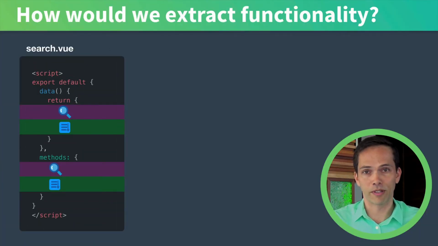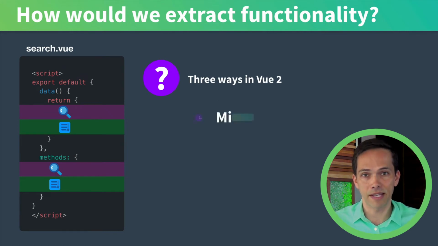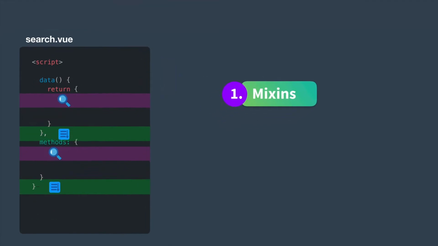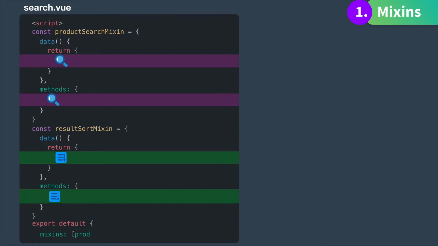Back in our search component, there are 3 ways we could extract this code for reuse using Vue 2. The first is mixins. With mixins, first we would separate our code, then we'd create a product search mixin, create a result sort mixin, and then include the mixins in our component.